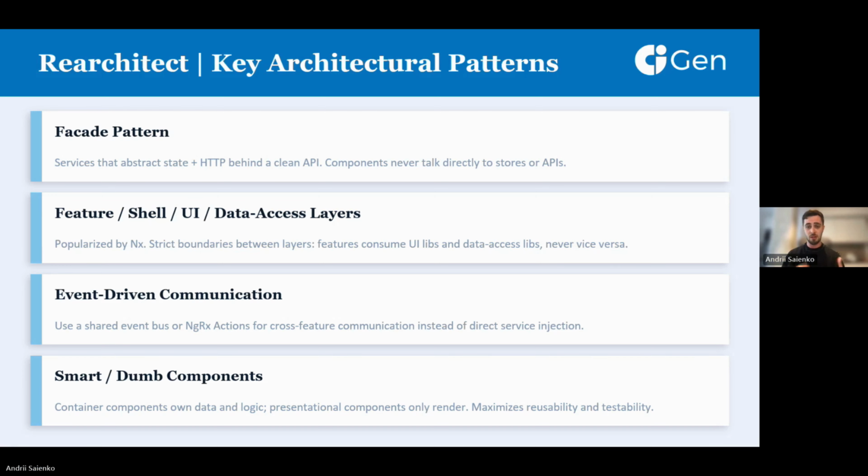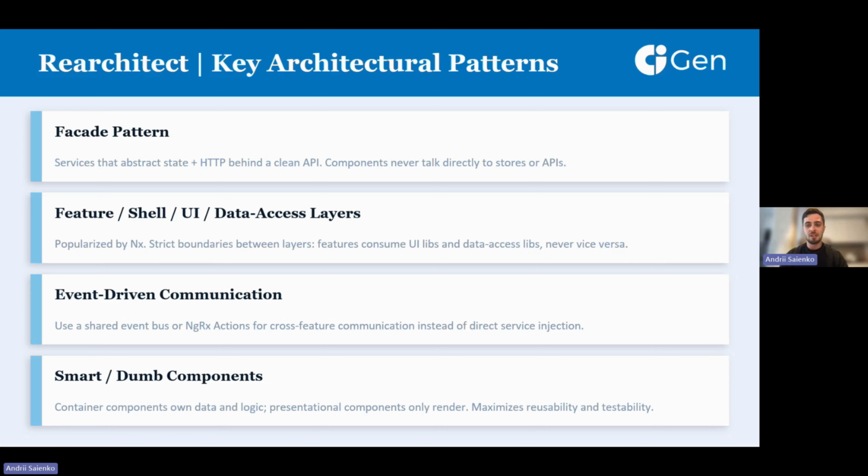Components become thin and testable, as I mentioned before. The feature, shell, UI, data access layering model popularized by the Nx team provides explicit rules about which layer can depend on which. Features can use UI and data access libs, but UI libs cannot depend on features. These constraints prevent architectural drift.